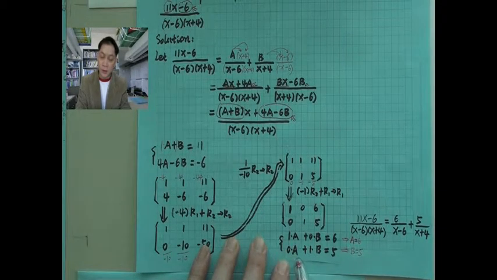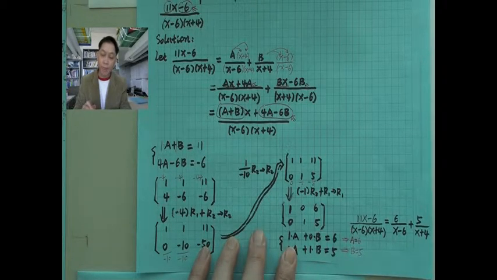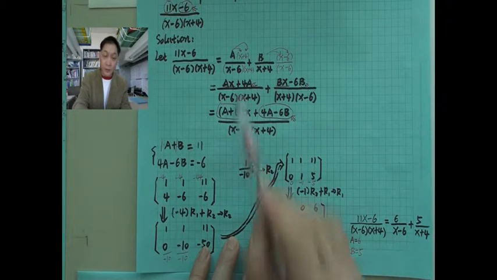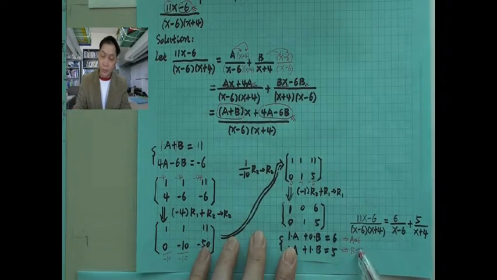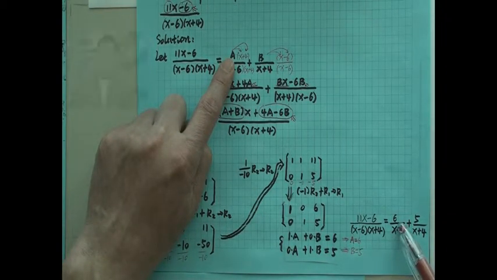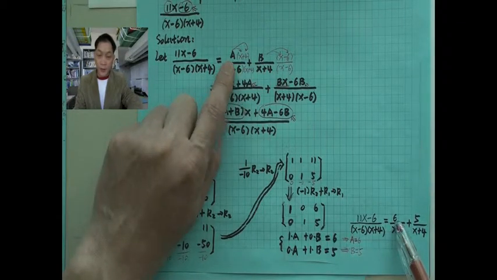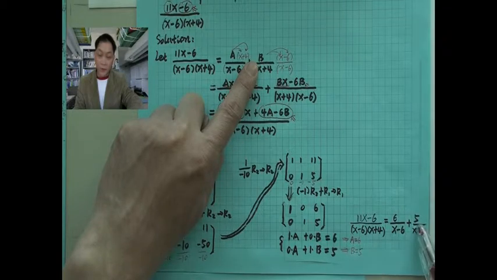So B equals 5. We have a value for A, which is 6, and B is 5.